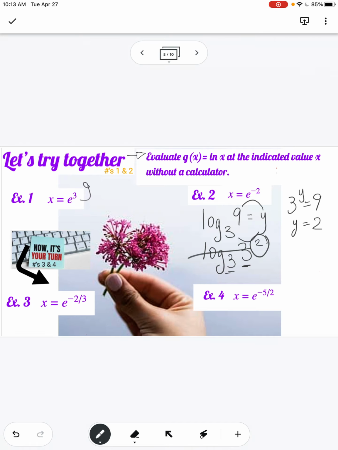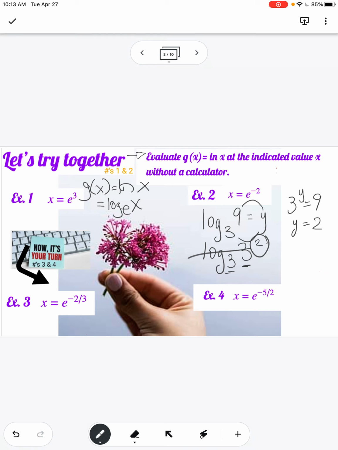So again, the directions say g of x equals natural log of x. Now from the previous lesson, you should remember that natural log, or ln, means log base e, right?